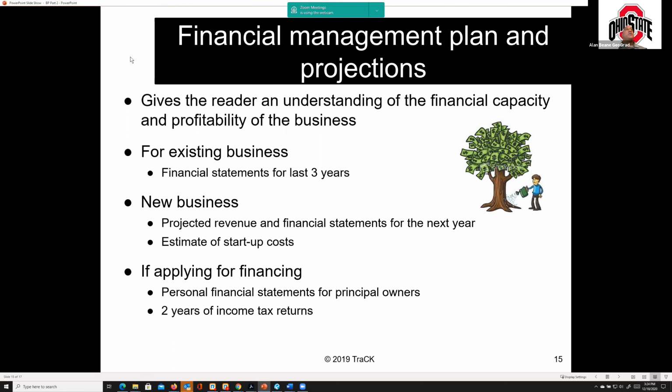All right, financial management and projections. This gives the reader of the business plan an understanding of the financial capacity and profitability of your business, or of the business you're projecting to have if you're starting up, where you try to predict two to three years in advance how much revenue and sales you'll have versus your expenses, the cost of being in business, and what your margins are, or whether you have more in sales than operating expenses.